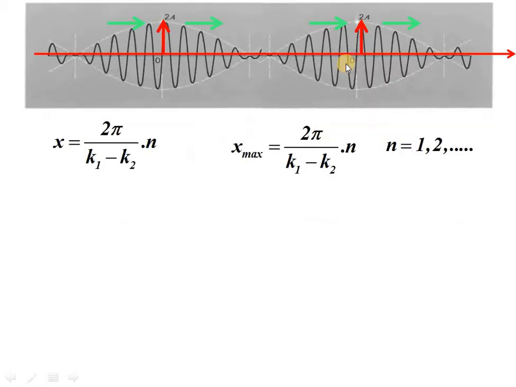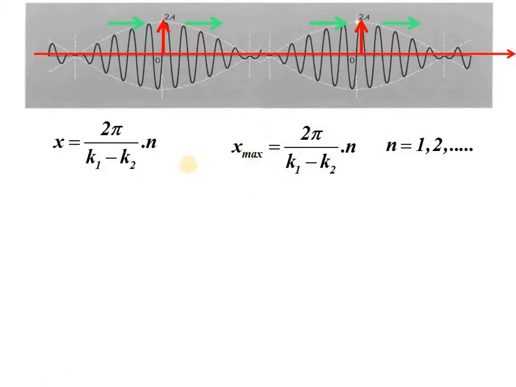So peaks correspond to antinodes. Sorry, what I told is the maximum value of y. The maximum value of y is shown here as x max. What does it mean? That is the x at which y is maximum.